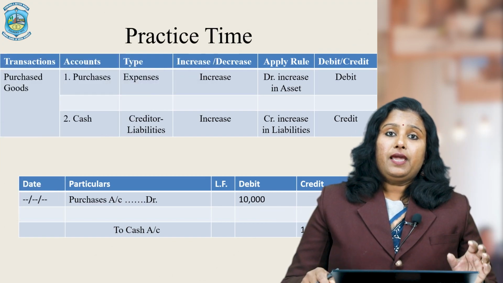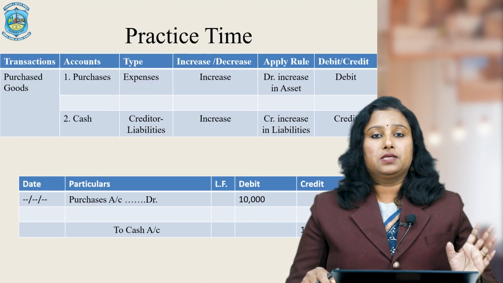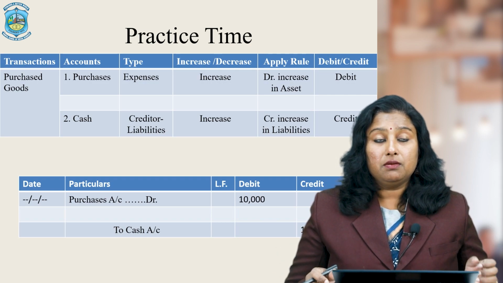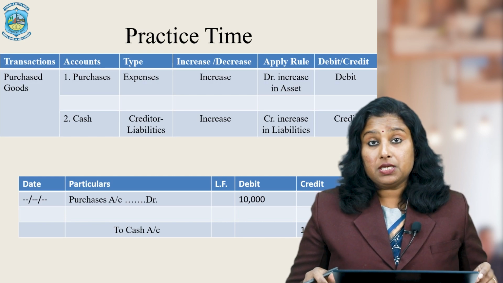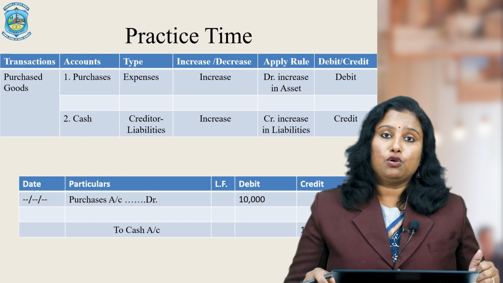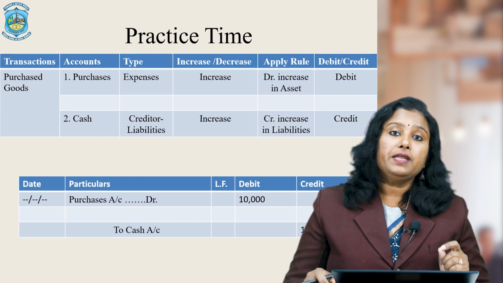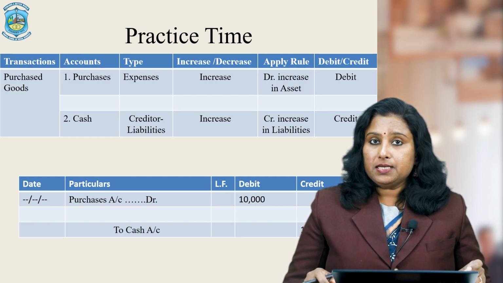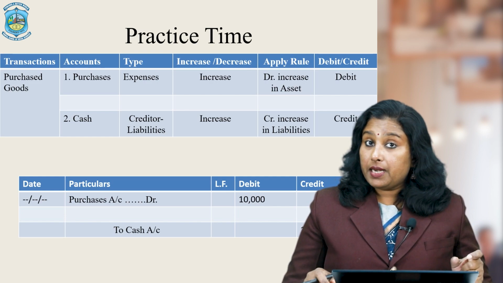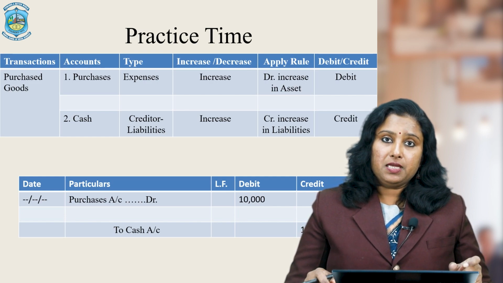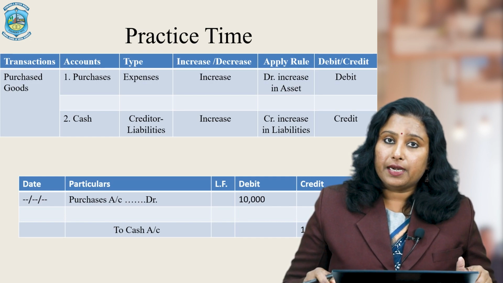Now suppose this transaction just says purchased goods, nothing else has been mentioned, neither the party's name nor whether the goods have been purchased on cash or not. In that case, we will assume that the goods have been purchased on cash basis only. That is, you need to identify in a particular transaction that if any party's name is given, it implies that the goods have been purchased on credit basis.